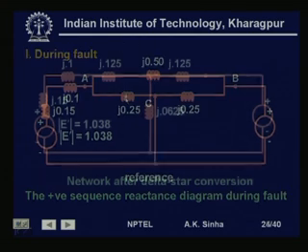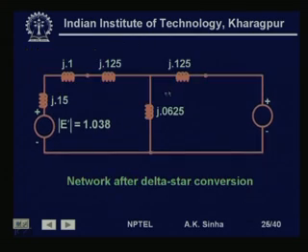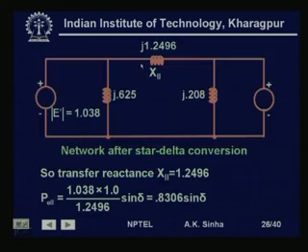So, this is the star for this delta. So, this j0.1 is the transformer reactance and this j0.15 is the transient reactance of the machine. So, now this is the circuit that we have. So, we add this up, 0.25 plus 0.125. So, 0.375, j0.15 and j0.0625. This forms now a star circuit, which we can convert to a delta.